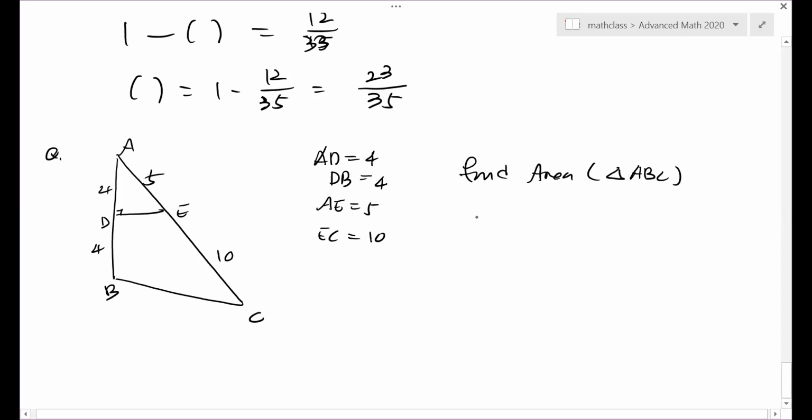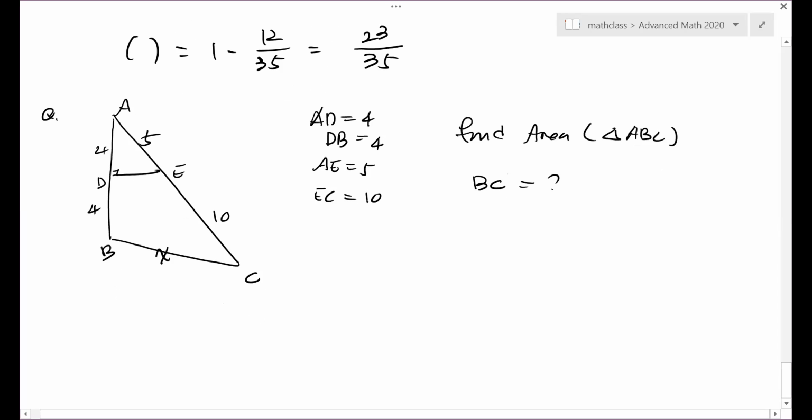And what is BC? I'm just curious. We can even find the equation for BC. I call it X. Find this X. Great. All right, so let's do this problem.